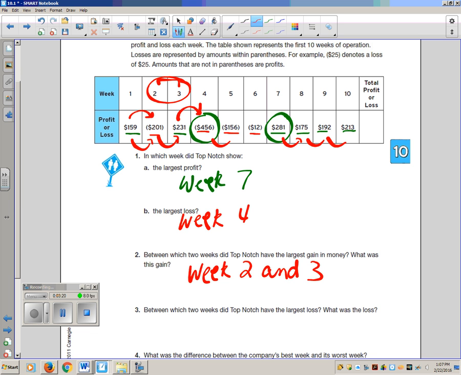That's about 600. Let's see if we get any more that's bigger than that. Week 4 to 5, that's a gain. Week 5 to 6 is a gain. They lost a little bit here from 281 to 175. So week 3 to week 4 has the largest loss.